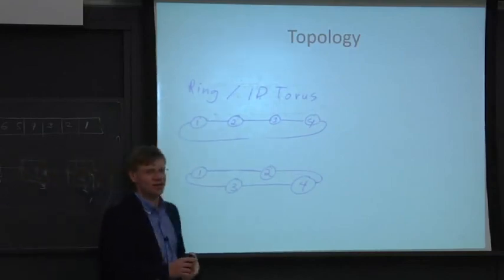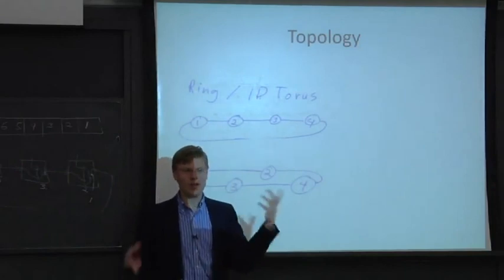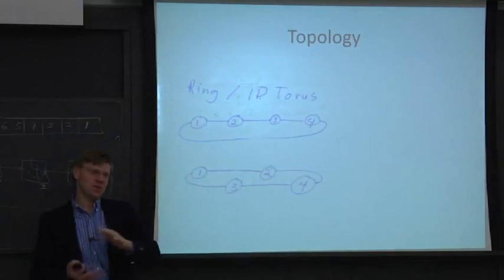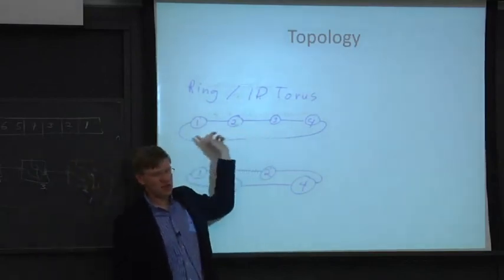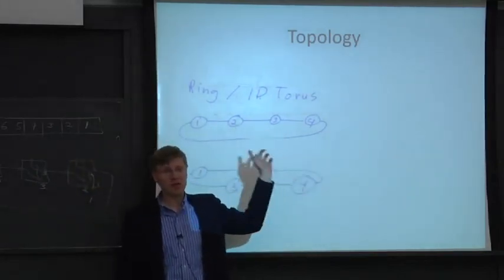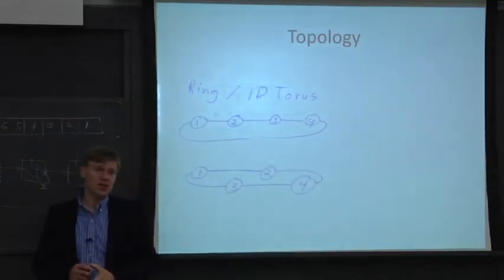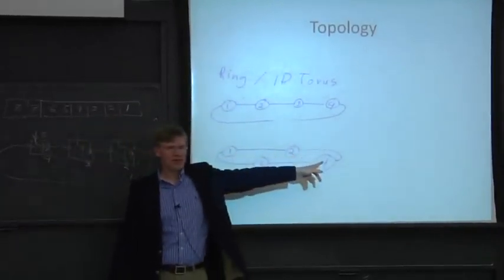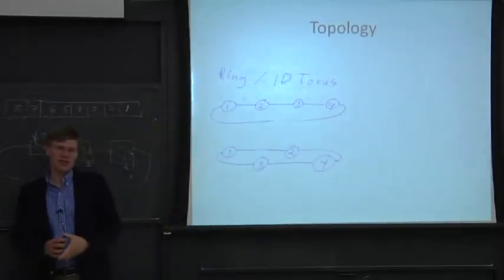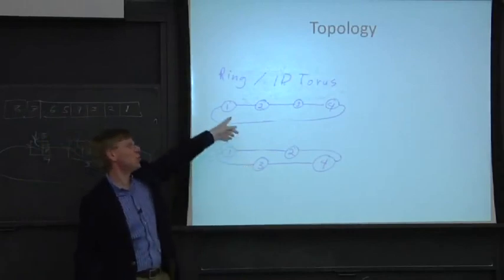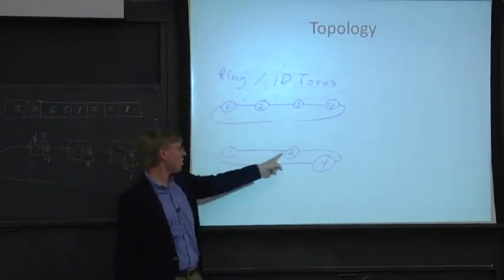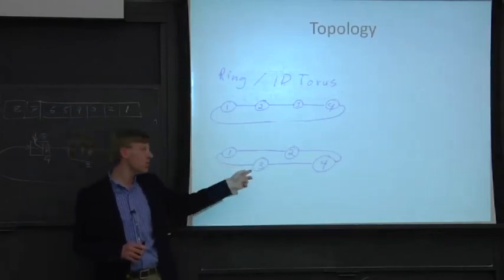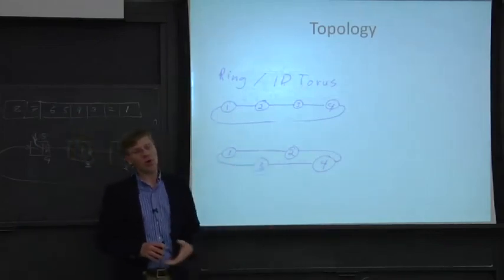Conveniently, people have actually thought of fancy ways to fold toruses, let's say if this is a 1D torus, into a 1D space, and minimize the wire lengths. So actually, I drew a picture here to show this. If you renumber and stagger the way you connect the nodes here, this is the exact same 1D torus as we drew here, except now all the links are equal length, except they're twice the length as they were before.